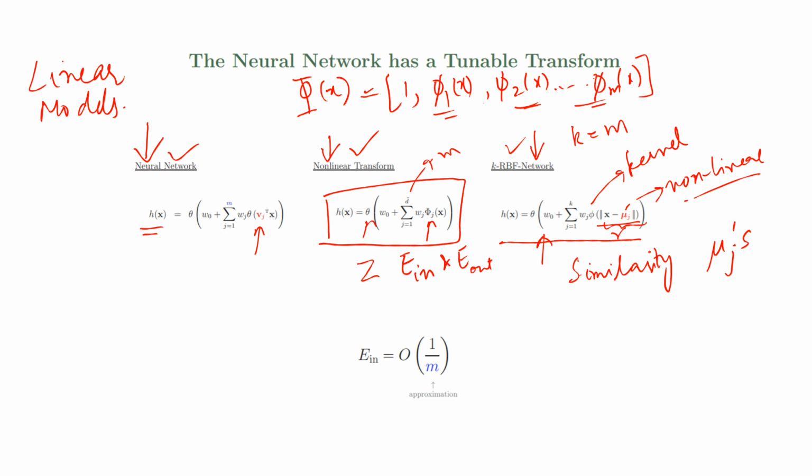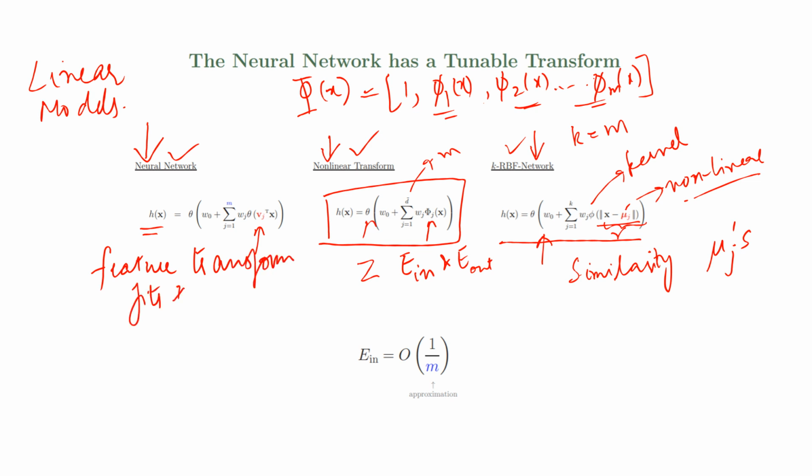I'm implementing my perceptron here, so I'm trying to optimize the weights, W's, by fitting them to the data using whatever technique we're using. Let's say we use gradient descent and backpropagation. So we are going to fit the features to the data such that our feature transform fits the data. There is a huge level of flexibility that comes in with this. My feature transform should fit the data.